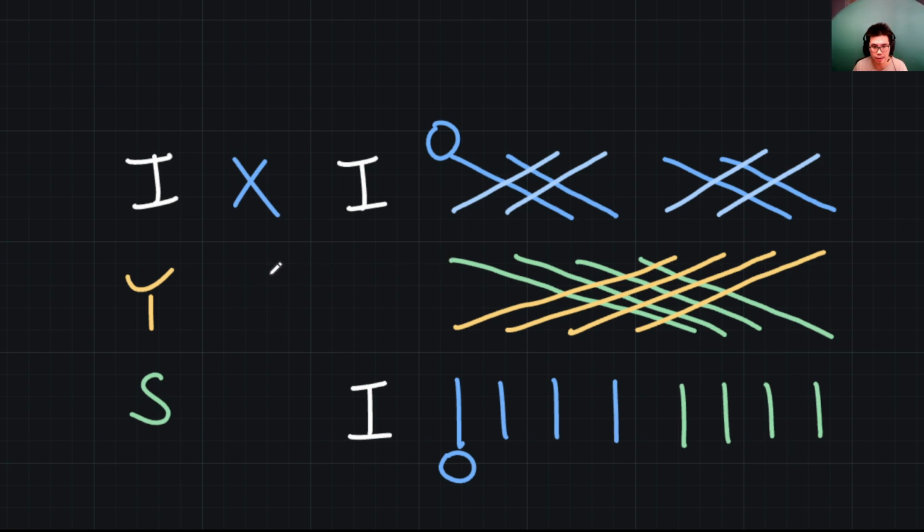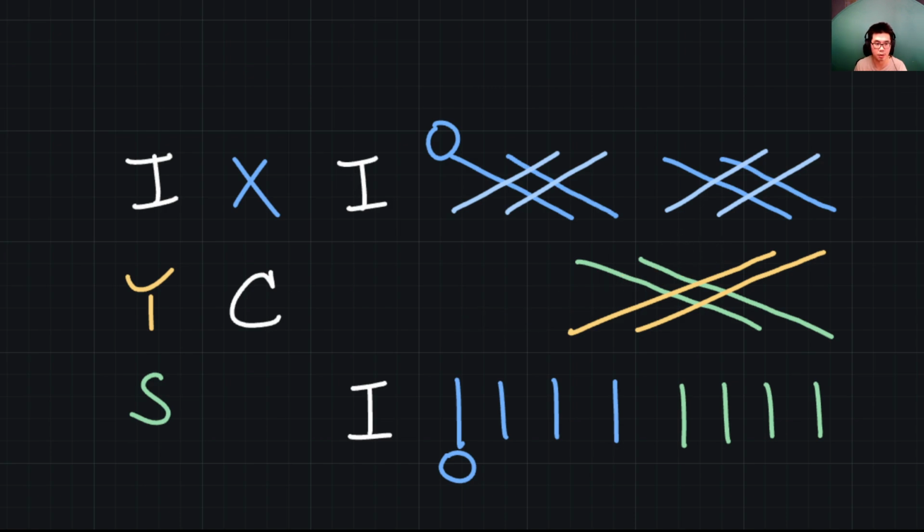Okay, so if we add a control on the first qubit, that means the part where the middle qubit is 1, so just these two pairs would be applied the Y gate, and the other two would be unaffected. So now the graph would evolve into this.